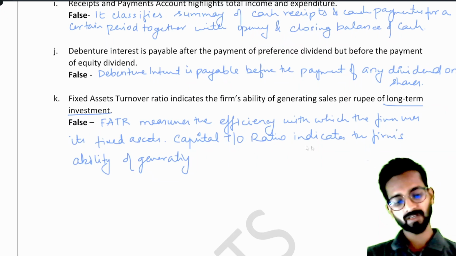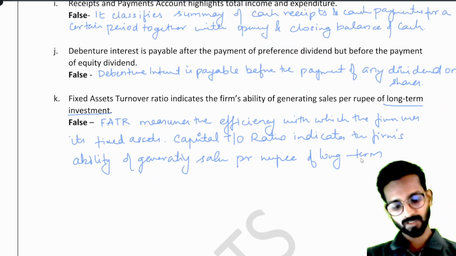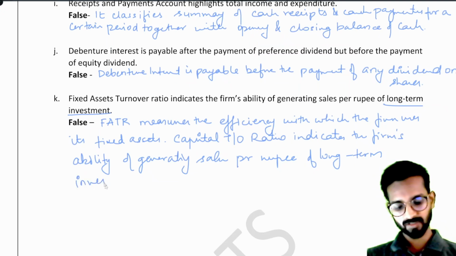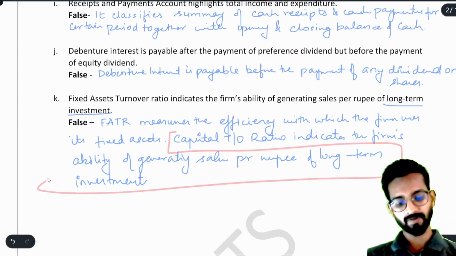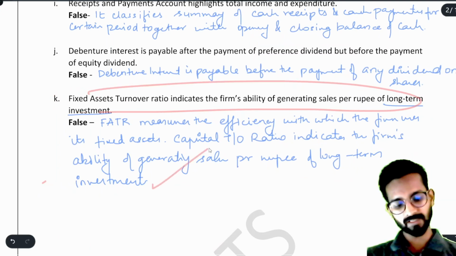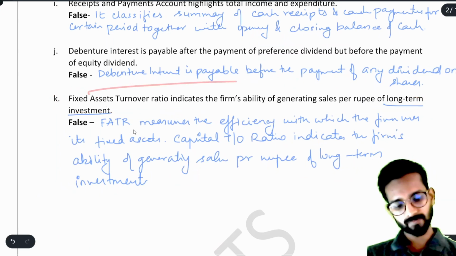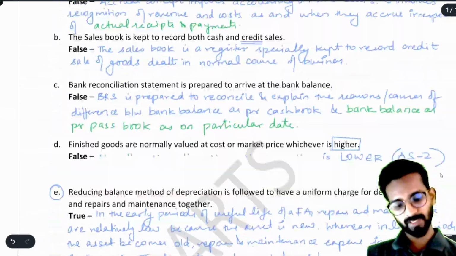Because we are writing capital turnover ratio indicates the firm's ability of generating sales per rupee of long-term investment. If you remember this, you can write this, or else it is not required, okay? This point from capital to here. Why? Because we are just telling that what definition you have given, that is wrong, and this is the right definition. Understood? Now, after this has been our May 2018.